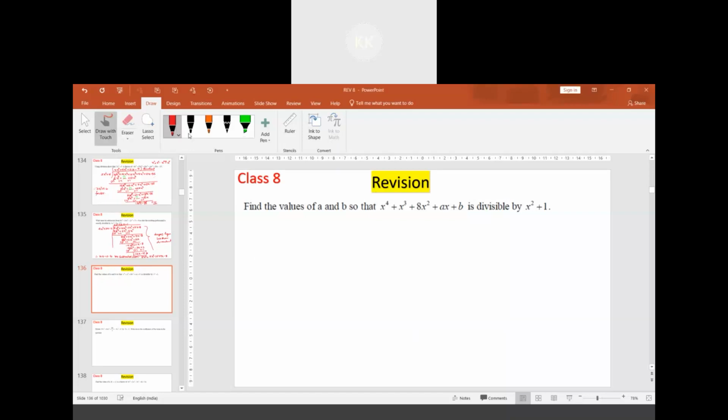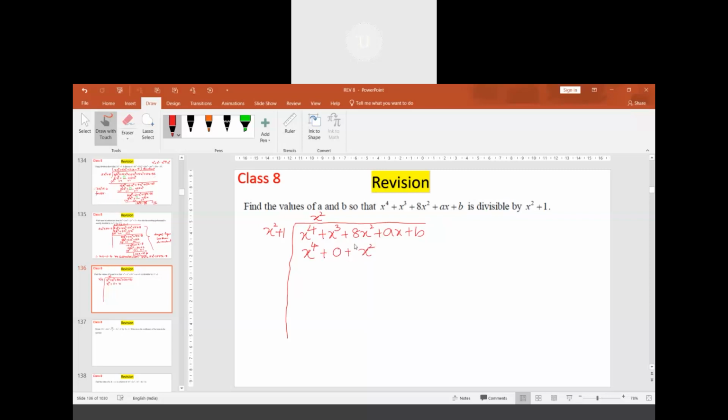Suppose I am taking the divisor as x square plus 1 and I keep dividing the given polynomial, x to the power 4 plus x cube plus 8x square plus ax plus b. Let's divide. We multiply x square, so we get x to the power 4 plus 0 plus x square.